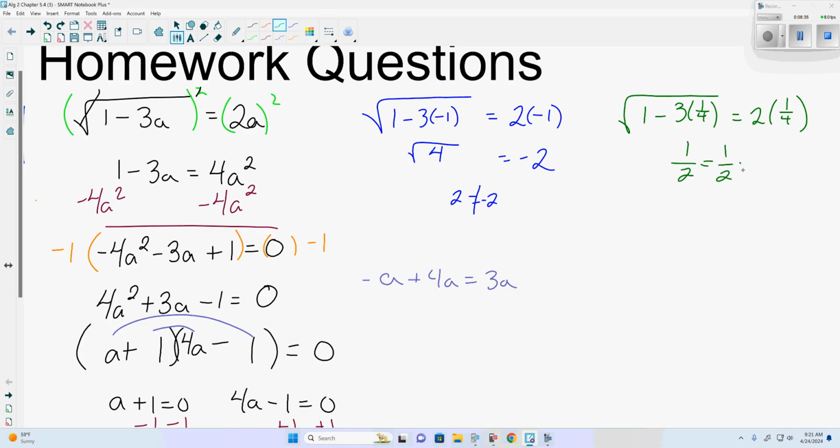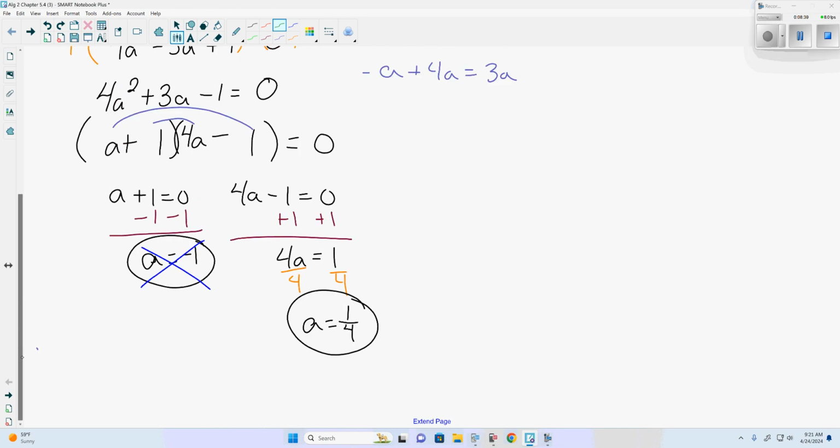And 2 times 1/4 is also a half. So our solution is a is 1/4. That's it. Questions on this here?